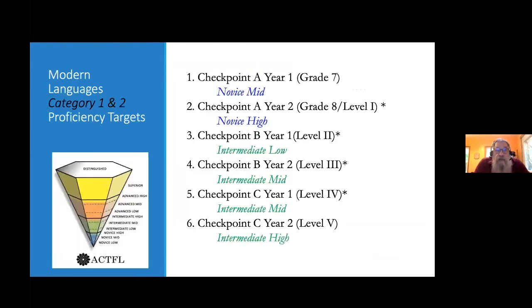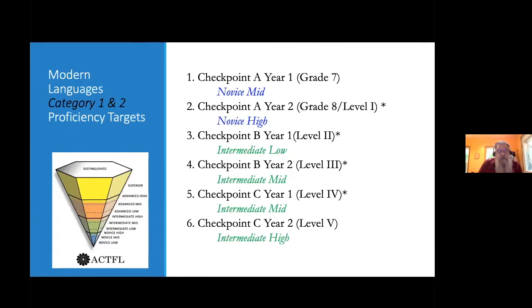So let's take a look at what these are defined as. These are based on the results of tens of thousands of commercially administered proficiency tests and the inputs of teachers from across the state of New York in the standards revision process. These proficiency targets represent the consensus of the field as being reasonable and supported by the evidence.